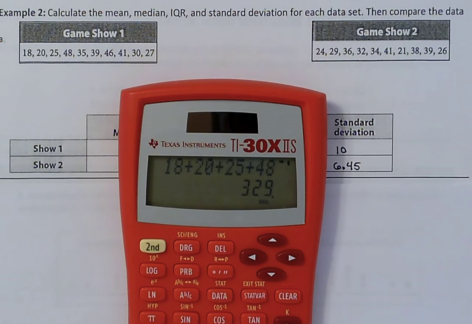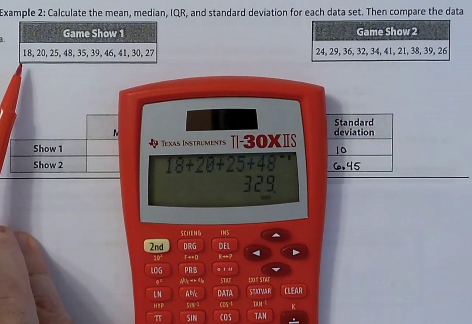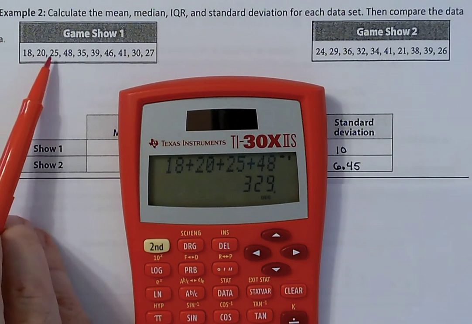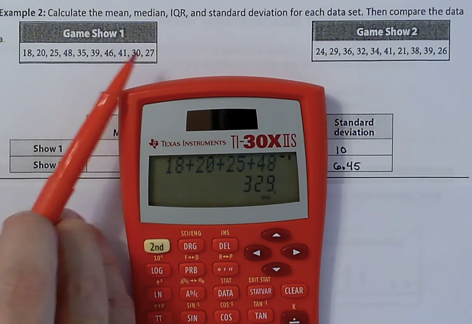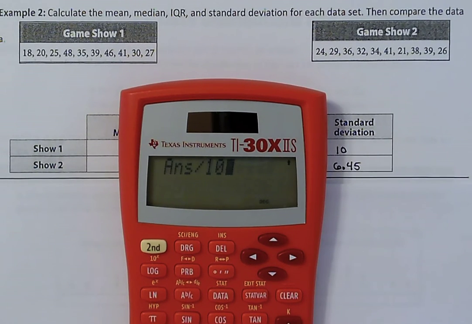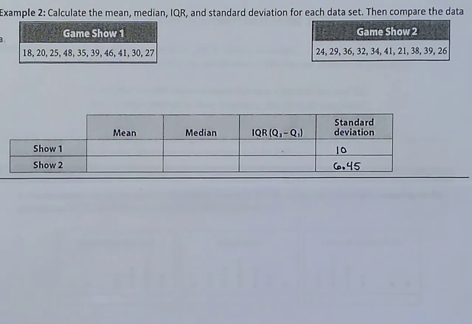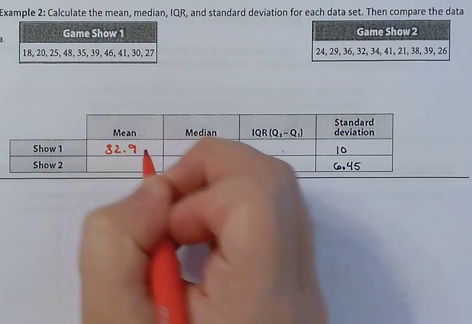When I add all of those up, we end up with 329, and to figure out the mean, we have to divide by how many there are. And there's 1, 2, 3, 4, 5, 6, 7, 8, 9, 10 numbers. So we're going to do 329 divided by 10, and we get a mean of 32.9.